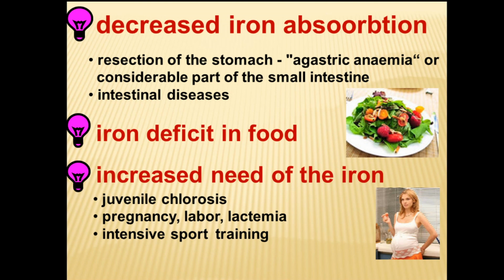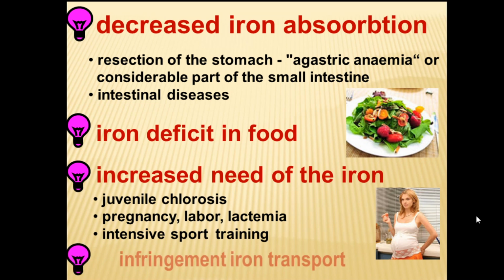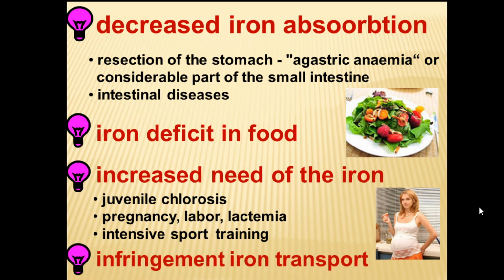We must remember about sportsmen, because intensive sport training needs more active use of iron, first of all in the form of myoglobin. And a rare cause of iron deficiency anemia may be impaired iron transport, which may be revealed with special examination.